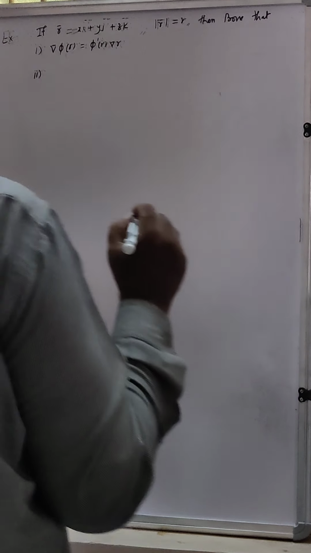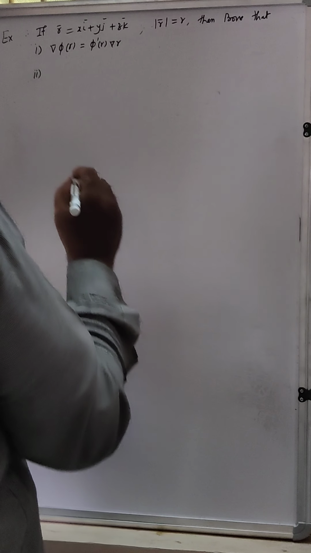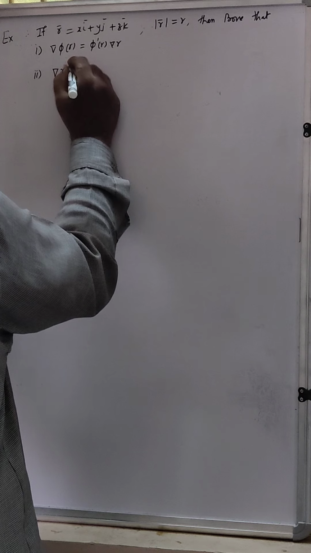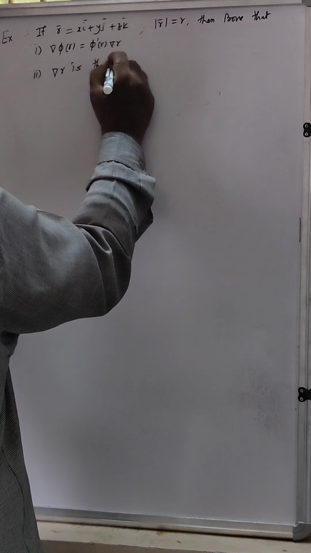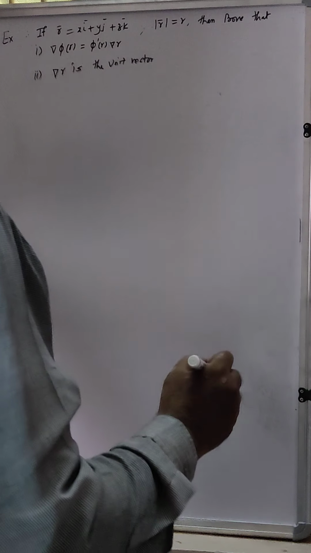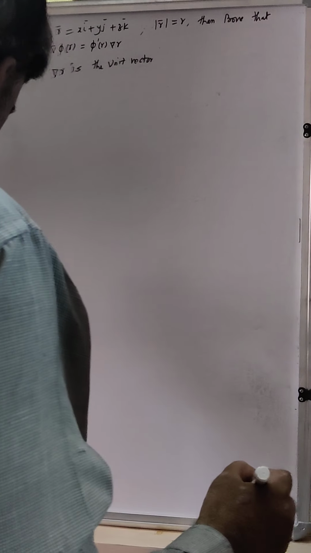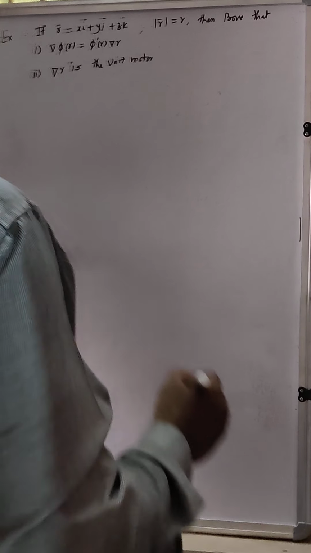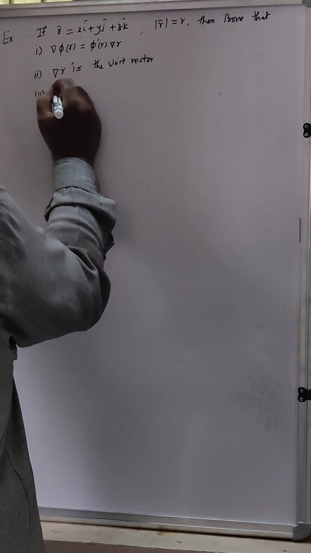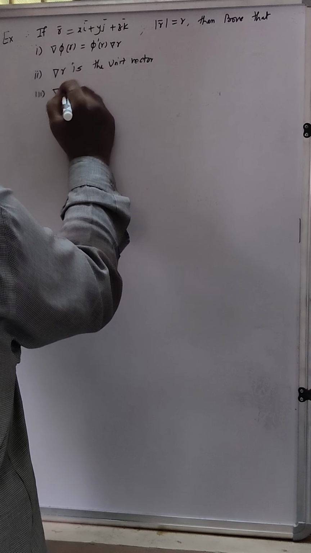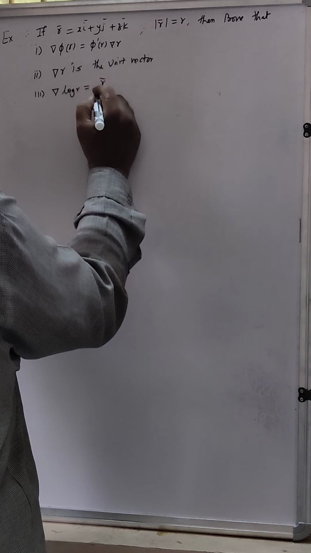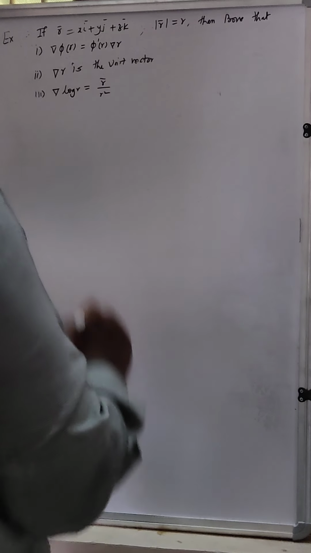Second, del r is a unit vector. Third, del log of r is equal to r vector upon r square.